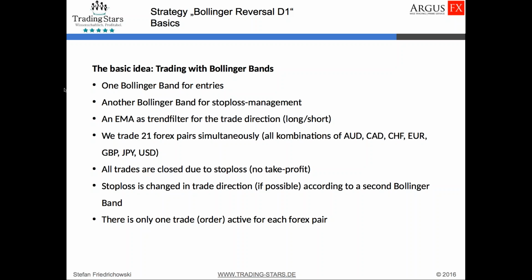That means in total it is possible that we have 21 trades active in our account. Normally, if you run the strategy, you have only half of those as active trades, and the other half are just pending orders, which wait to be filled.